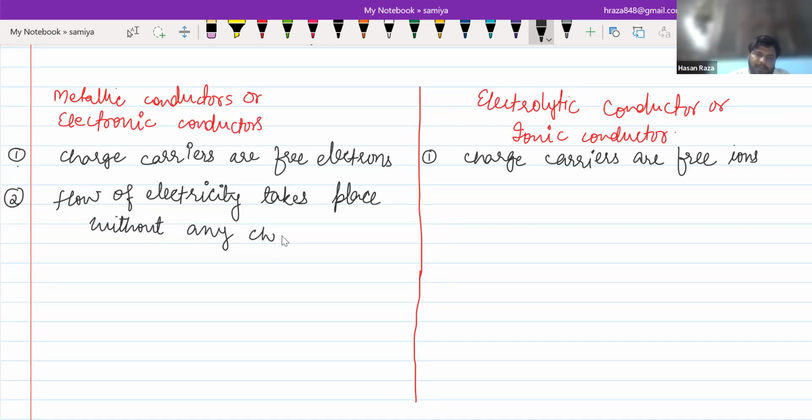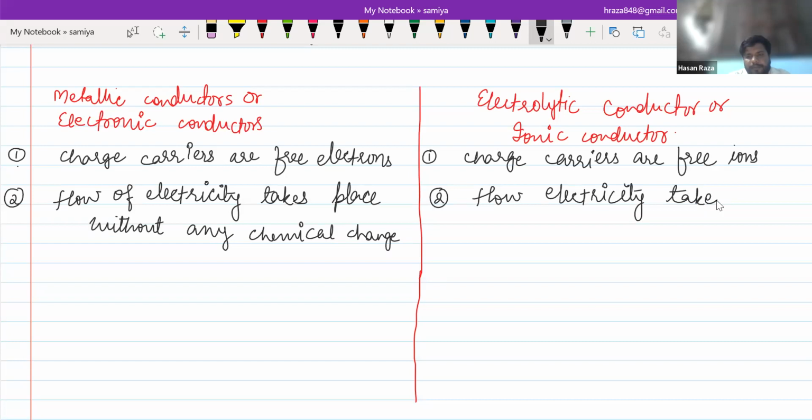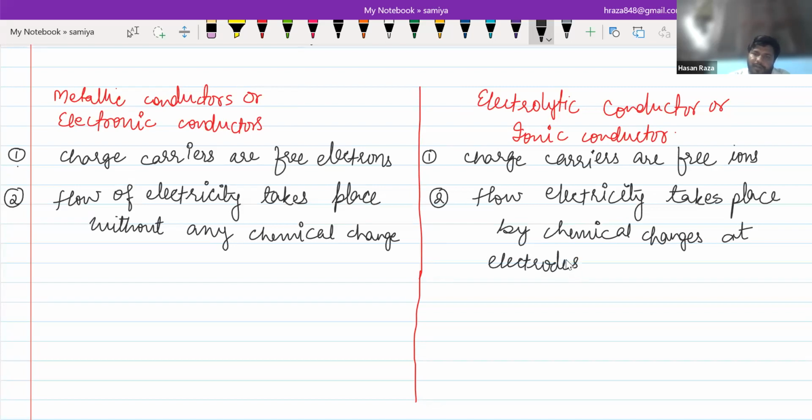There will be no chemical change. But here, flow of electricity takes place by chemical changes at electrodes. You will see ahead that in an electrolytic cell, there will be chemical change at electrodes.